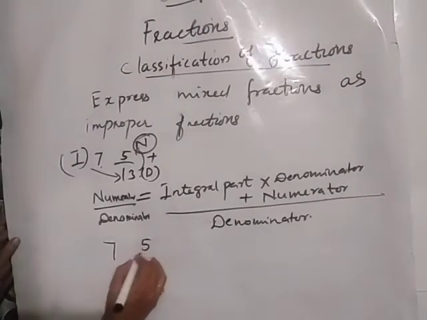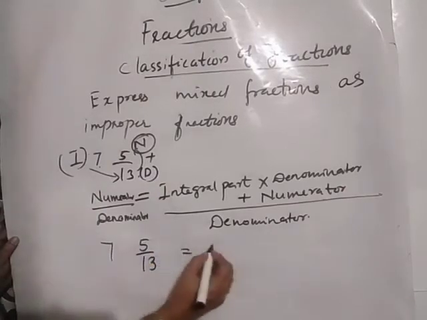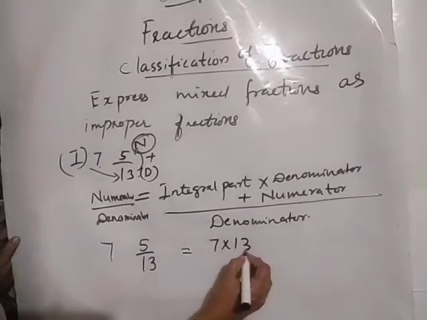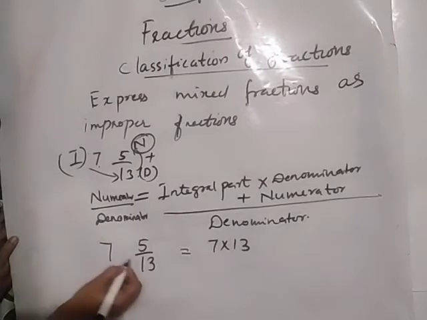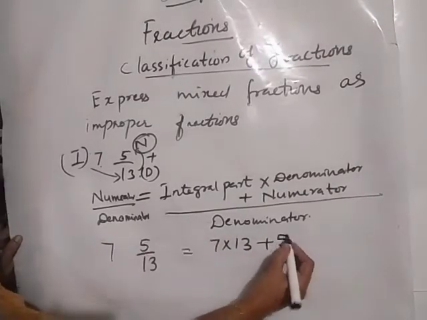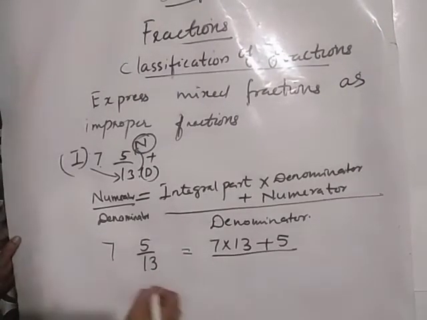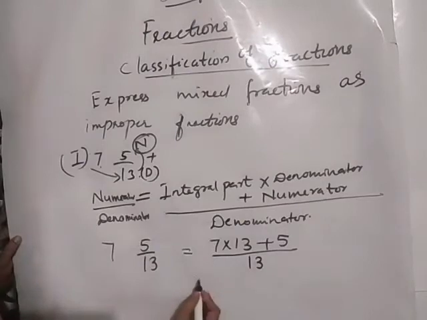7 5 by 13. First we have to multiply these two: 7 into 13. Always the integral part and denominator, plus this numerator. Here it is 5 by the same denominator, that's 13.